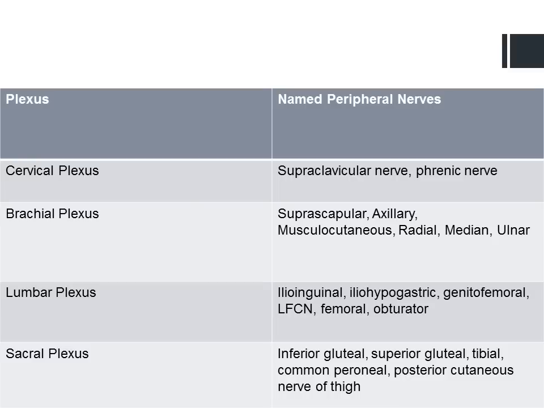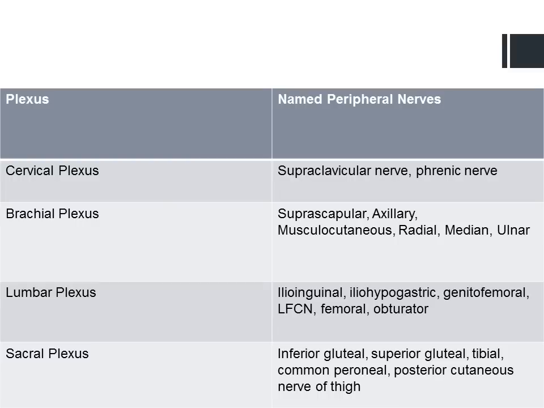And then down in the sacral plexus, coming off the sacral plexus, important named peripheral nerves that you'll encounter in your examination of injured workers involve the inferior gluteal nerve, the superior gluteal nerve, the tibial nerve, the common peroneal nerve, and of course those 2 combine to give us the sciatic nerve.